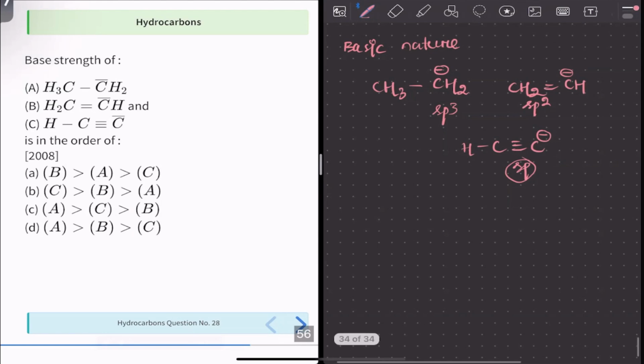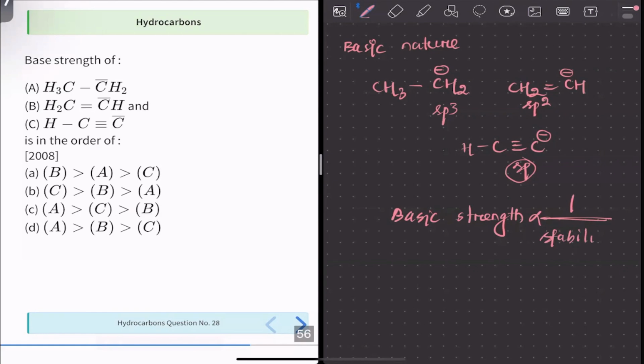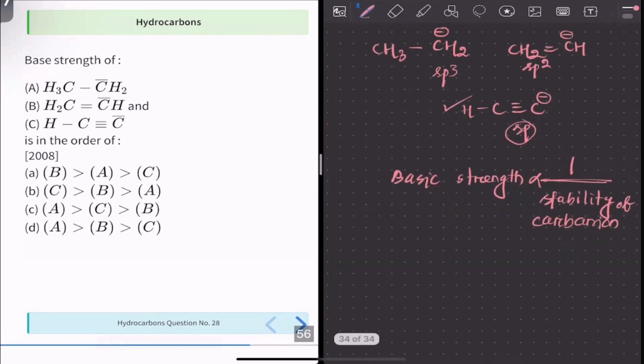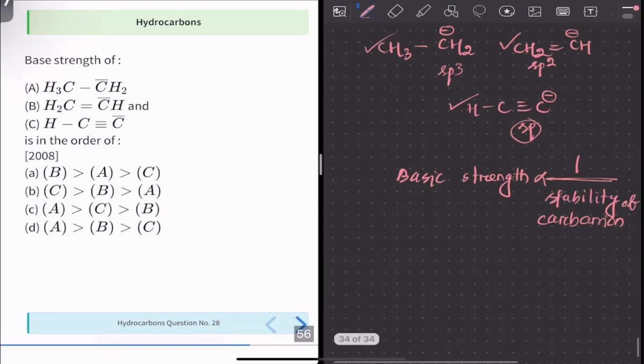So basic strength will be inversely proportional to the stability of the carbanion. Here the most stable carbanion is this, then this, then this. So the basic strength will be C, sorry, A greater than B greater than C.